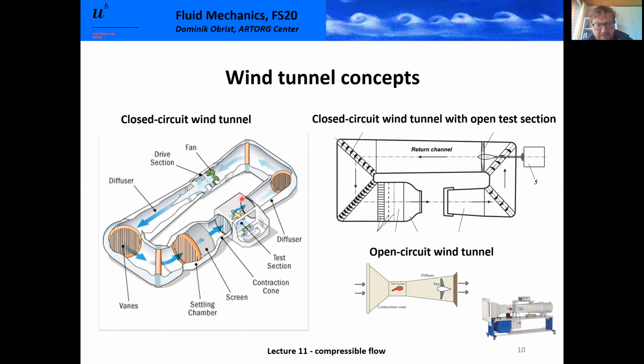The test section where we're really running the experiments is again just a small part of the whole object. And the big part is this loop where the air goes around in a loop. On the opposite side, opposite to the test section, we usually have the drive of the wind tunnel with a fan or multiple fans which are driving the flow.